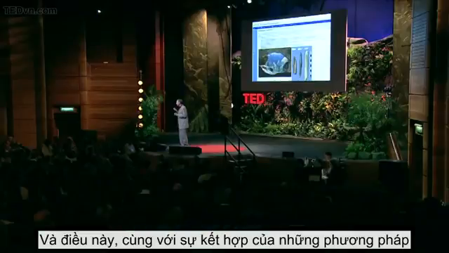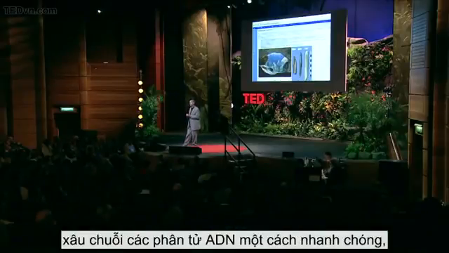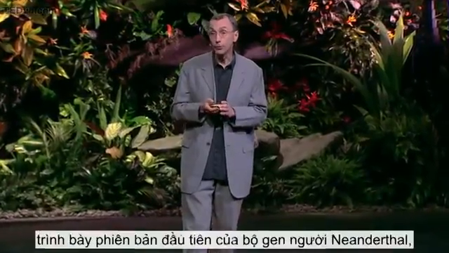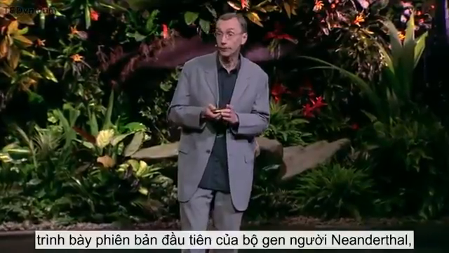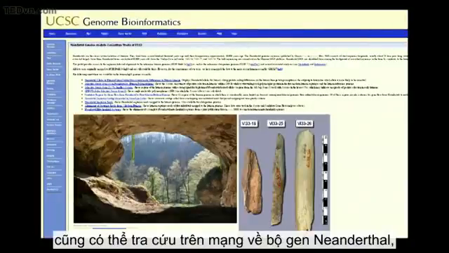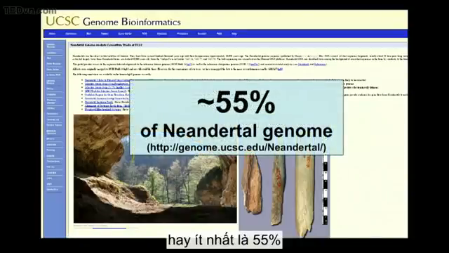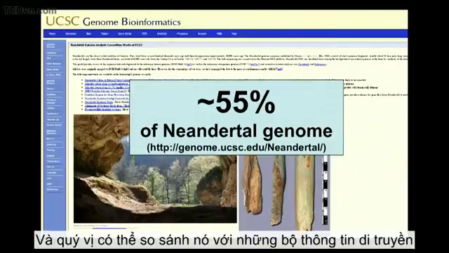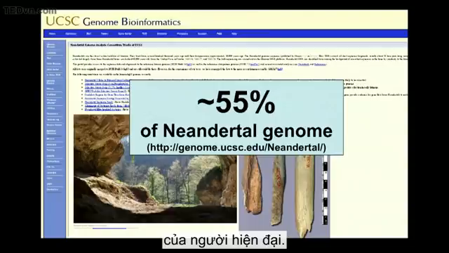This, in conjunction with methods that allow very many DNA molecules to be sequenced very rapidly, allowed us last year to present the first version of the Neanderthal genome, so that any one of you can now look on the internet at the Neanderthal genome, or at least at the 55% of it that we've been able to reconstruct so far. And you can begin to compare it to the genomes of people who live today.